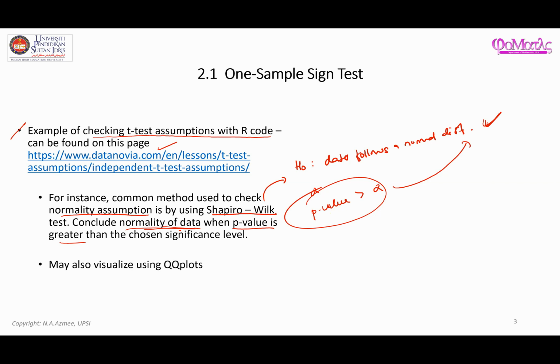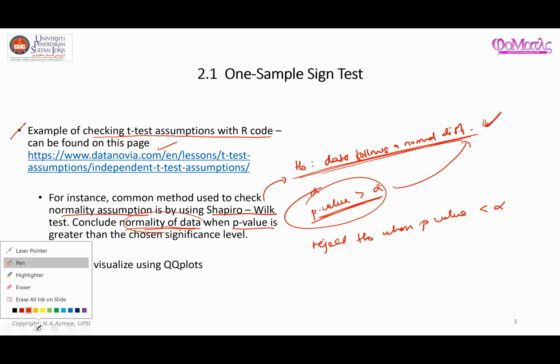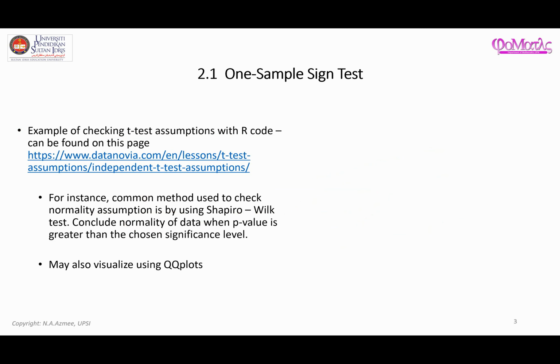You can only reject null hypothesis. Okay, so in general, you reject the null hypothesis when p-value is less than alpha. So when it is greater than alpha, you cannot reject it. So if you cannot reject this, that means you can conclude your normality of data. So that's the idea. Just a quick idea. Okay, so if you want to know more, please go on and check this website.